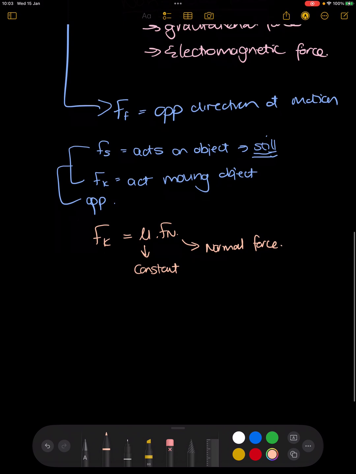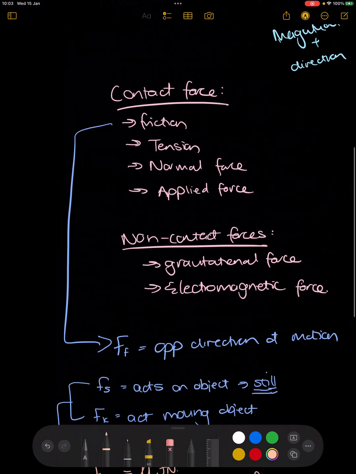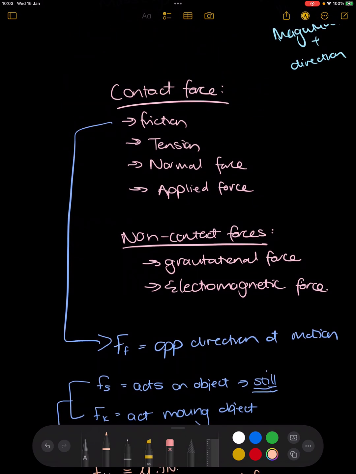So that is friction force. The other one I want to talk about is tension. If you have a box over here and a string pulling over there, the force in the string that is pulling the box is my tension force.